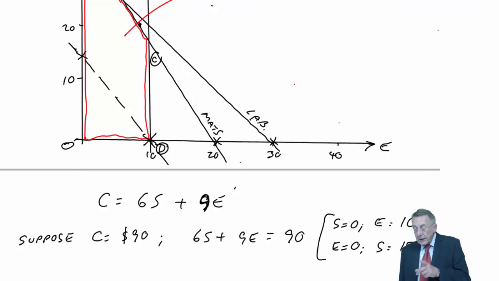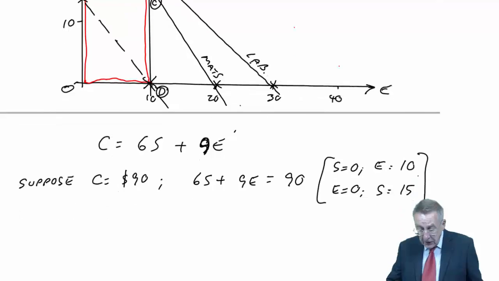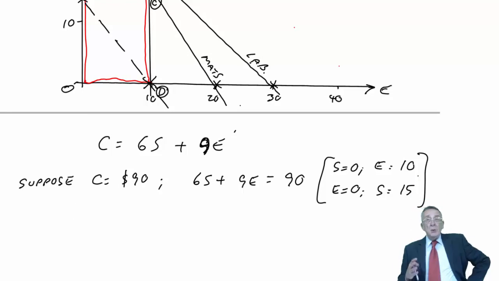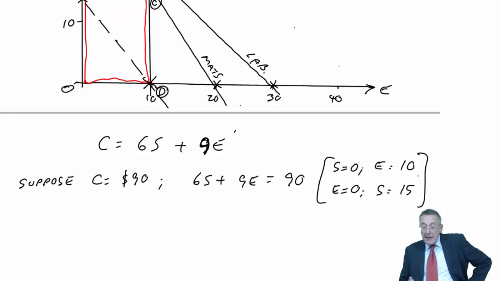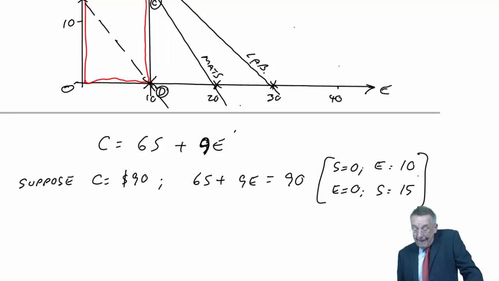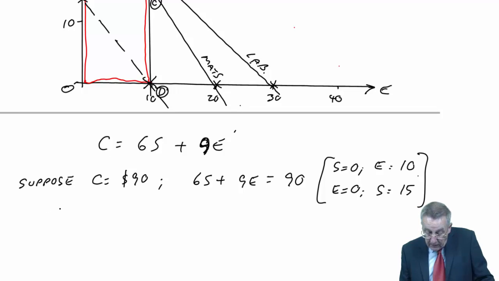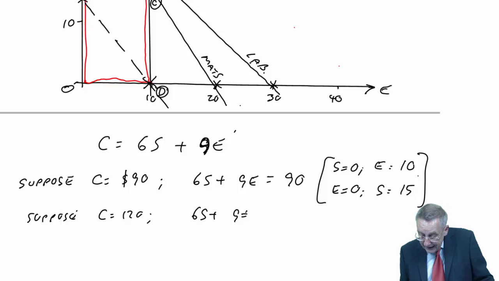Now, why have I drawn that? Now, this is a bit to make sure you grasp. I keep saying the same thing. I don't know it's going to be 90. Let me make up another figure. Just suppose it was 120. 6S plus 9E would be 120. 2 points fix a line.